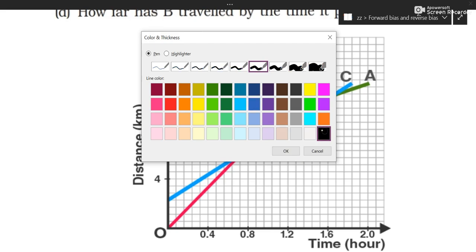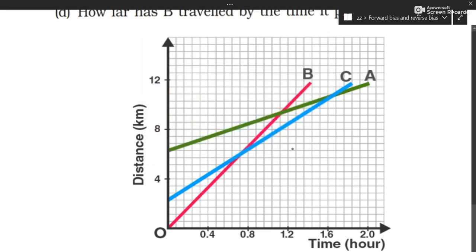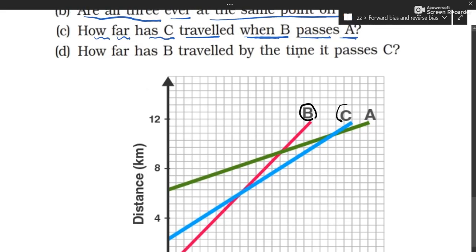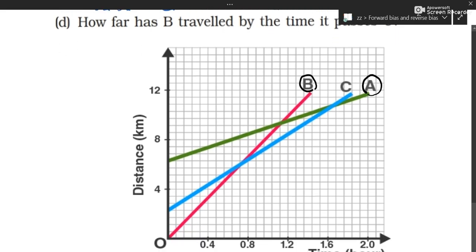When B passes A, where is B? B is red, C is blue, and A is green. So green and red are intersecting here.